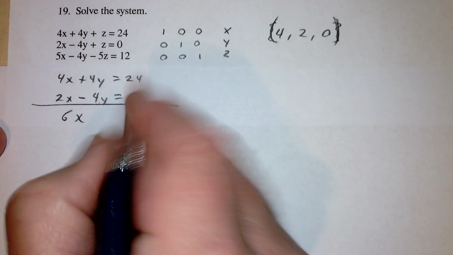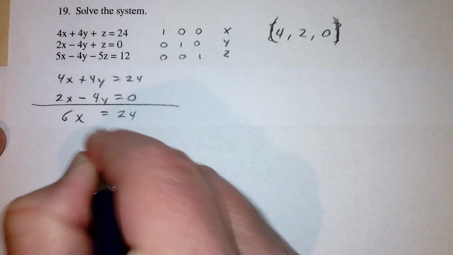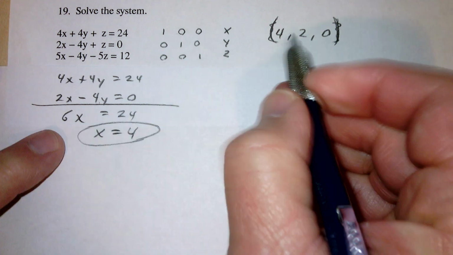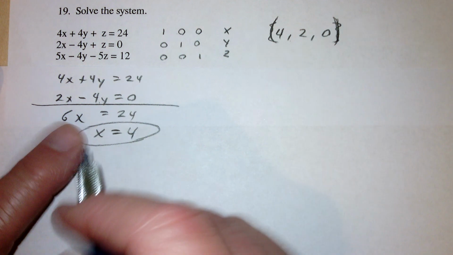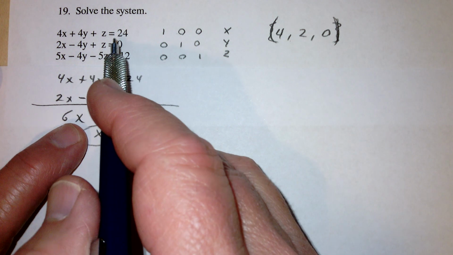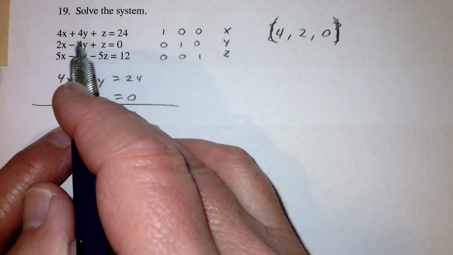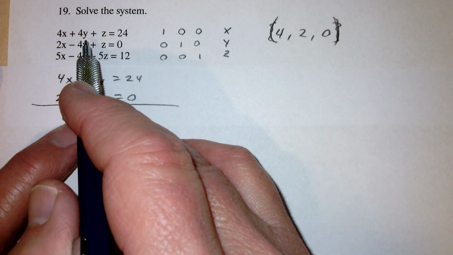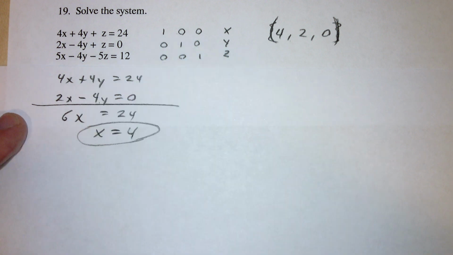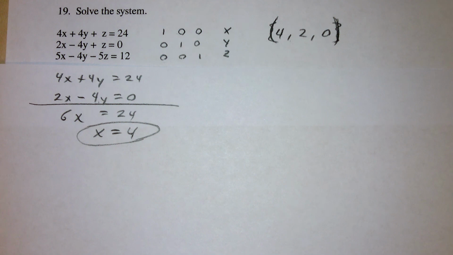Those cancel out, and I've got my x value. So now I've got an x value, I've got the z value, and I could quickly calculate that the y has to be a 2 to make that work. I could check it in the other equations, and I'd be done. So there you go. That's at least one way to get through problem 19.